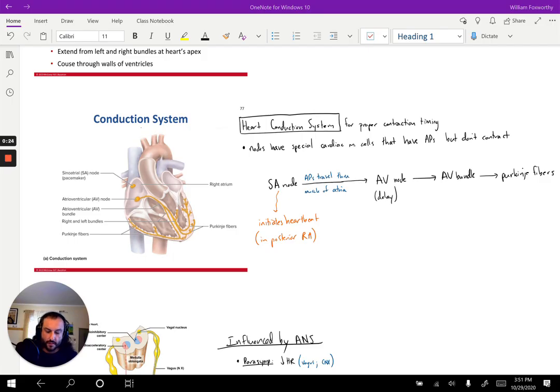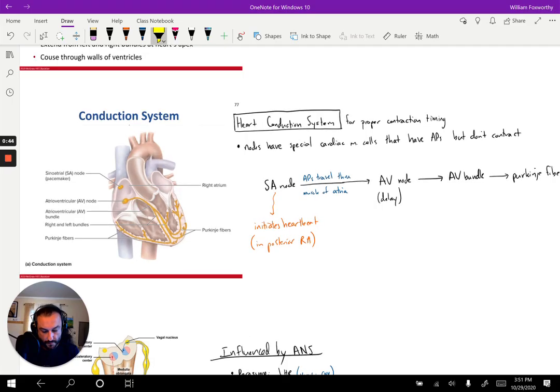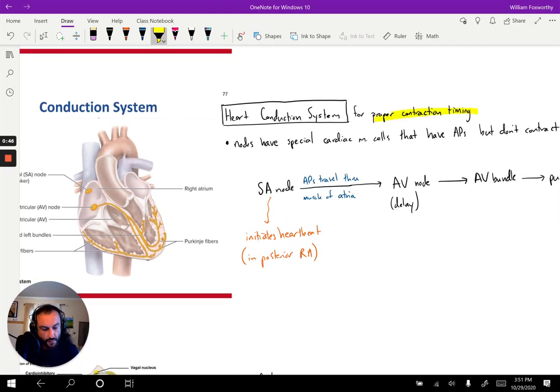As you know, all types of muscles, skeletal muscle, cardiac muscle, and smooth muscle, are contractile, and they're stimulated to contract by electrical activity, just like we talked about previously when we were talking about skeletal muscle. But the heart has a special conduction system that ensures proper contraction timing, because you must have a sequence of events where the atria contract and then the ventricles, and then they go back and forth.